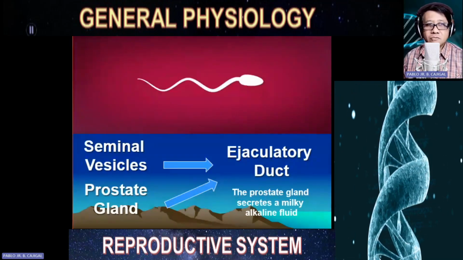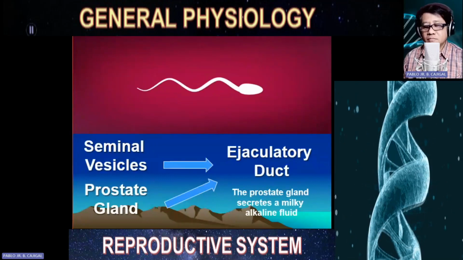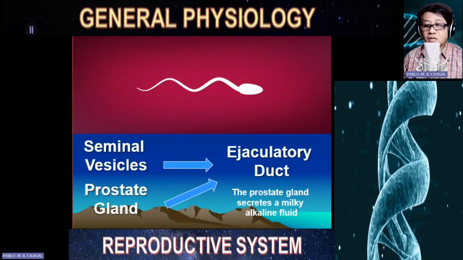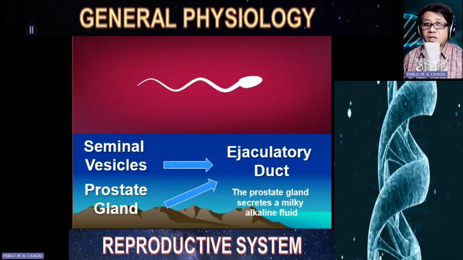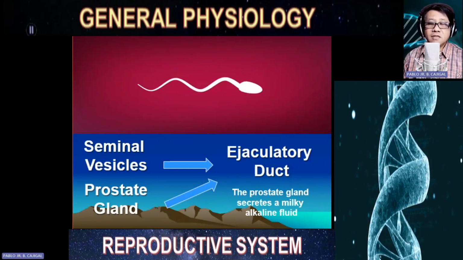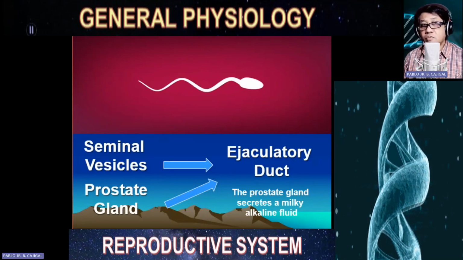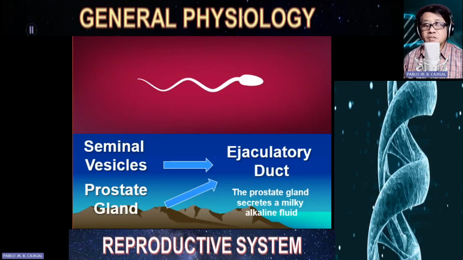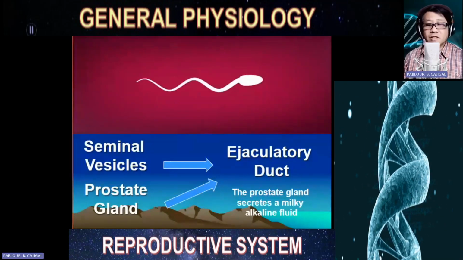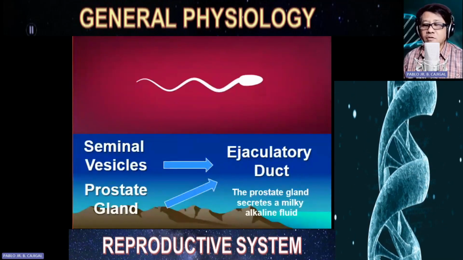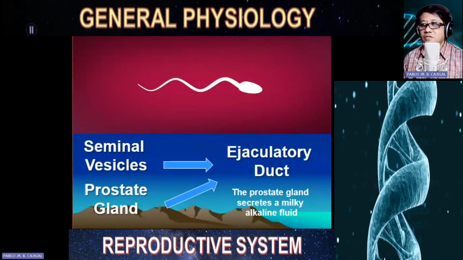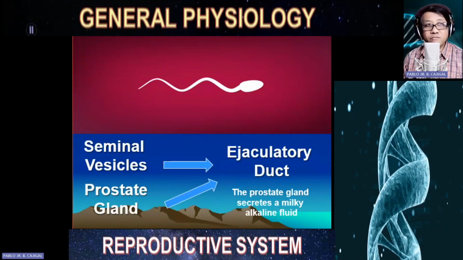And that is the function of that alkaline fluid that is produced by the prostate gland. Okay, this alkaline fluid will neutralize in a way the acidity of the vaginal wall that will make the environment of the vagina at least tolerable, I think that's the right word, tolerable for the sperm to continue their journey papunta sa fallopian tube, kasi doon sila pupunta eh.